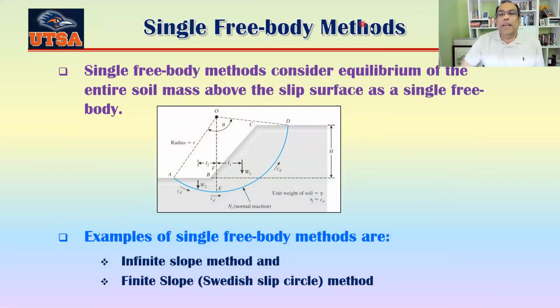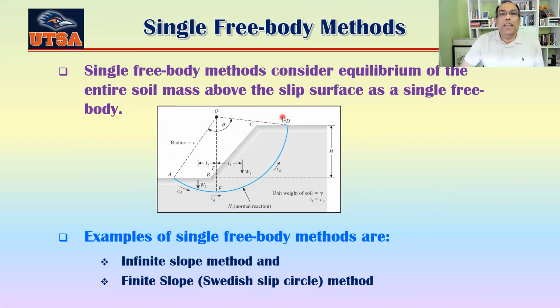Now, single free body methods. You can see here that we are assuming that the failure will occur along that line. So the soil mass above this failure plane, we are talking about this total mass of soil.